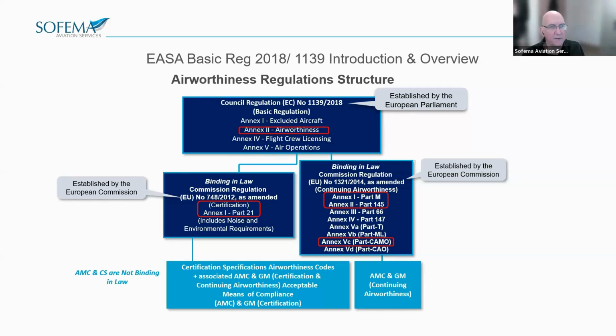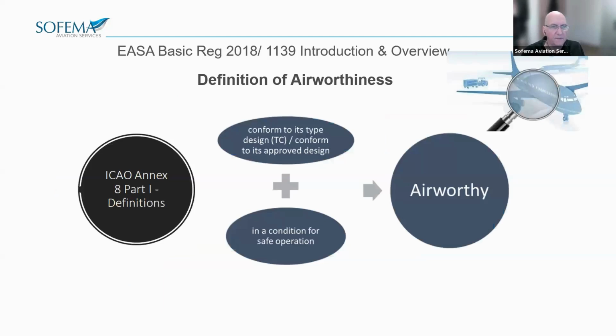It's called Part CAMO. And underneath all that, specific to those regulations, they are the AMCs, acceptable means of compliance, and certification standards, as we discussed just now. That's the non-binding law.